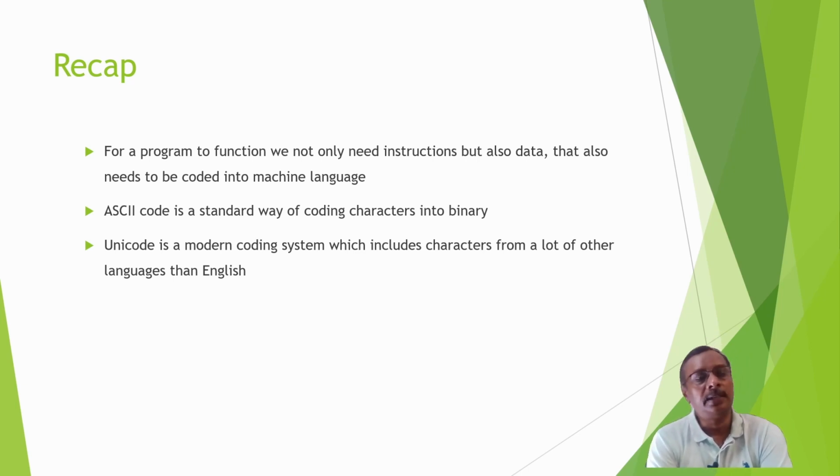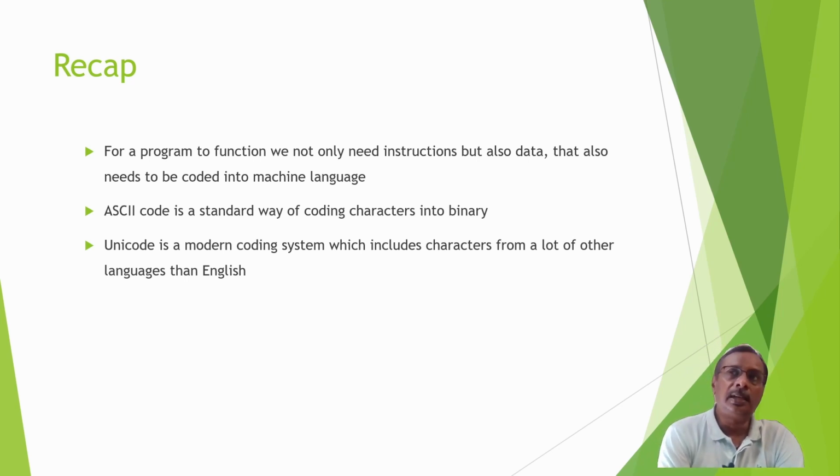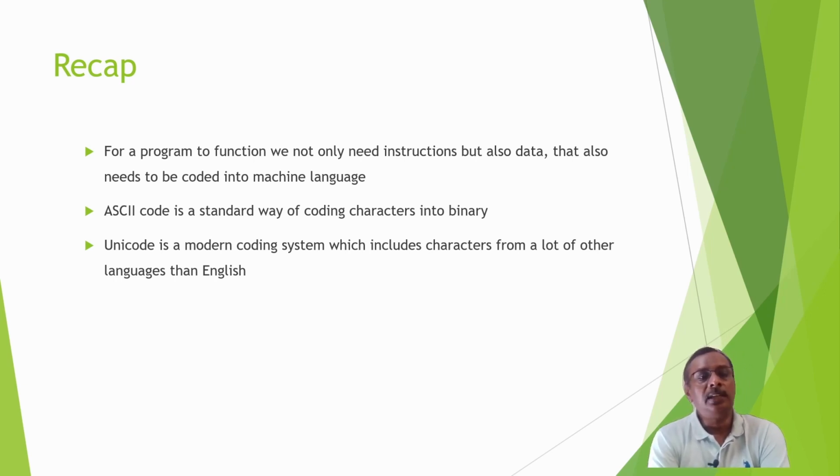All these things need to be coded into machine language for the machine to understand and process. For the instructions, we used something called assembly language and an assembler, and then we convert it into machine language, the ones and zeros. Whereas for data, we use something called ASCII code.